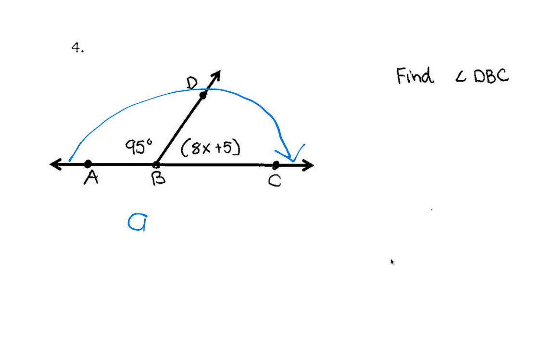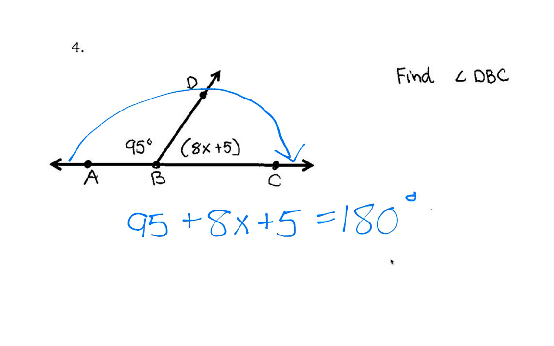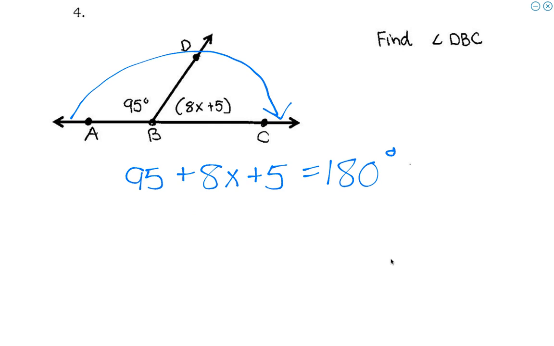So that means that 95 plus 8x plus 5 should add up to 180 degrees. Now, you might not have done it that way. There might be an easier way for you to think of that. But that easier way, this is essentially what you're doing in your head.